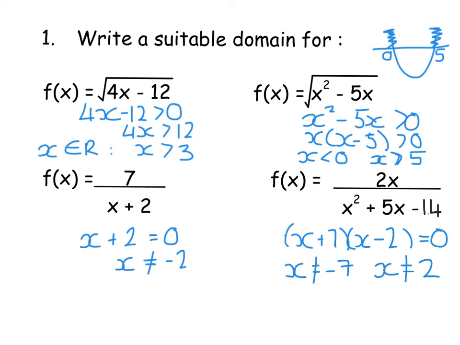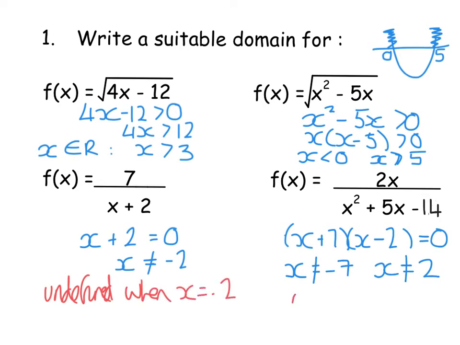Now that's all what you can put in, but they can swing it and ask when a function is undefined instead. That's kind of the opposite. If I look at this bottom one, it's undefined when x equals -2.